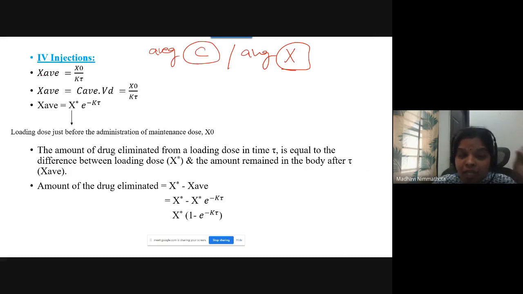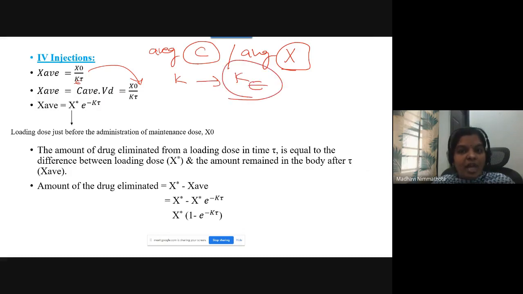We have learned in terms of concentration, but this is in terms of amount of the drug. X average is equal to X naught divided by KE tau, okay, and then X average is equal to C average into VD. This is nothing but X naught into K tau. Wherever K is there, you can remember that it will be KE, the elimination rate constant.